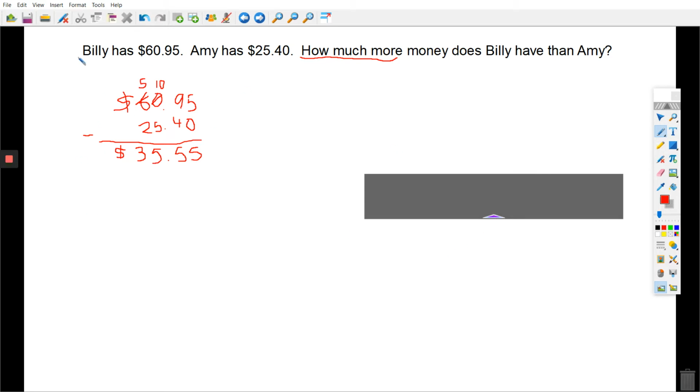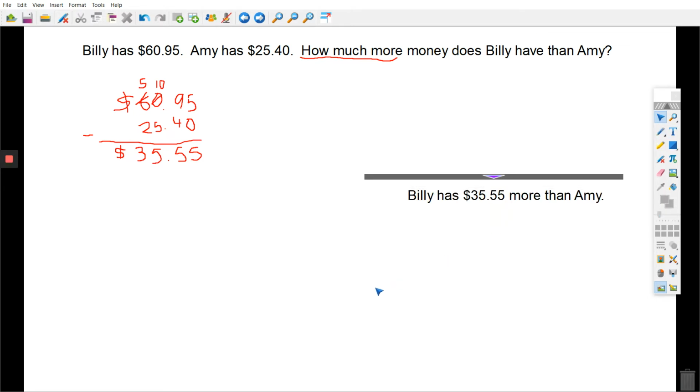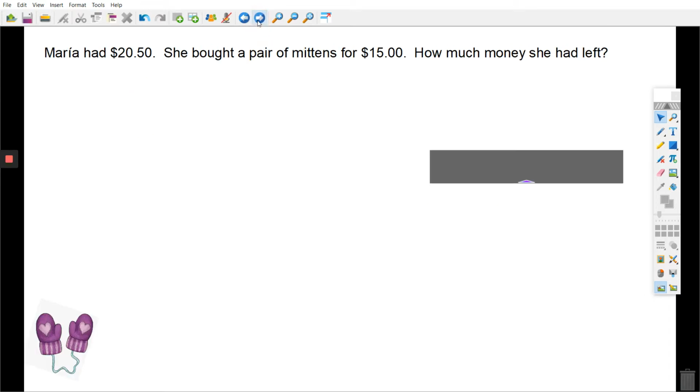Remember that this is only the process to find the answer to the question. You have to answer the question in a complete sentence. In the next example, Maria had $20.50. She bought a pair of mittens for $15. How much money did she have left?